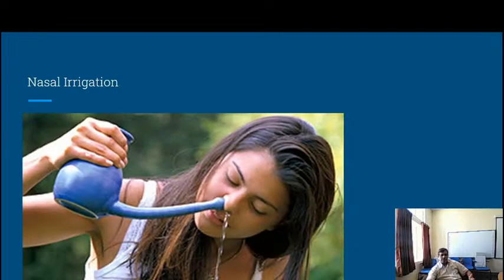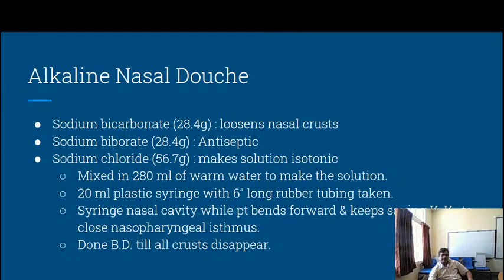So the crust comes out, there is humidification of the nasal cavities, which helps in the regeneration of the mucous membrane, and the infection is regularly cleared. This has to be done every day, just like you brush your teeth. So it should become a habit for these patients.